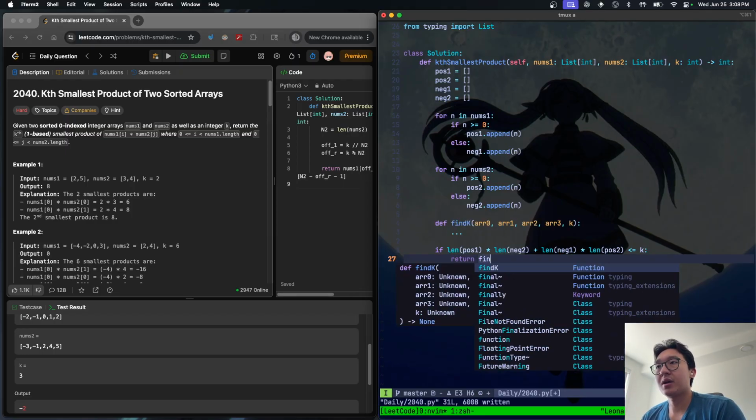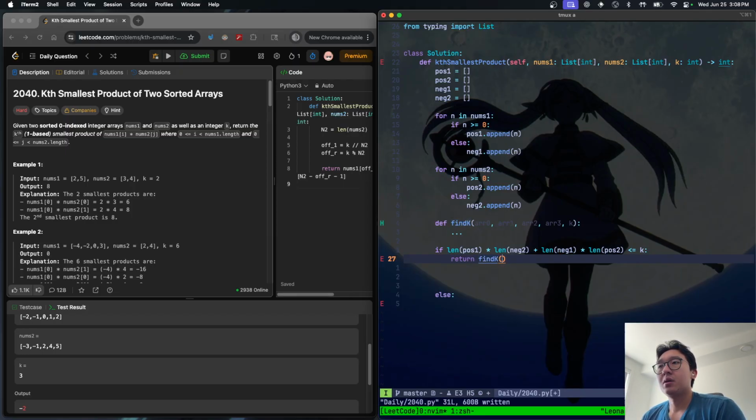Yeah. And in this case, we're going to return find k. We're going to multiply pos1 with neg2, and then neg1 with pos2, and then k is equal to the normal k, and then this returns an integer.